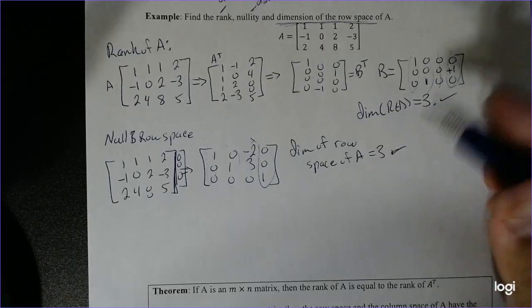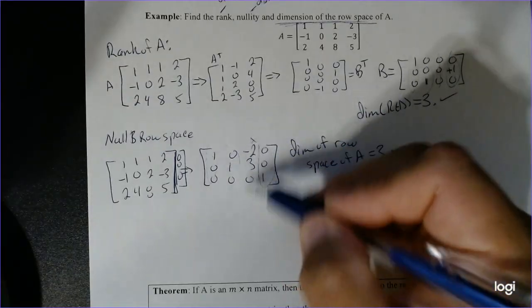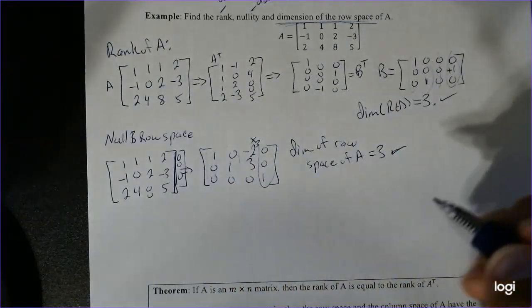Okay. And the best part is this also guarantees the nullity, because that means this is all being constrained, right? So x3 is the free variable.